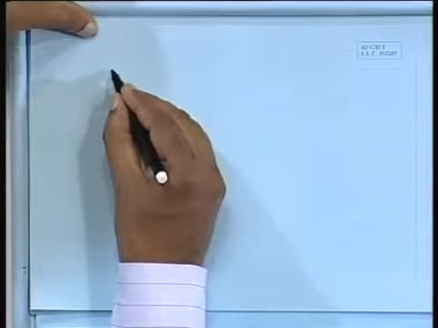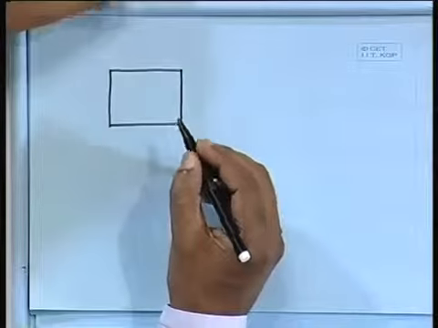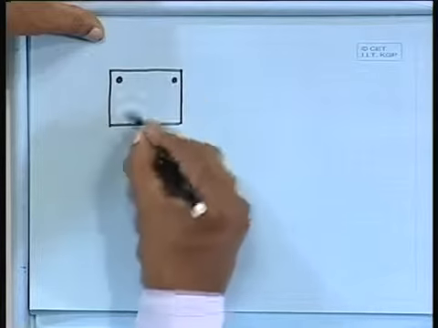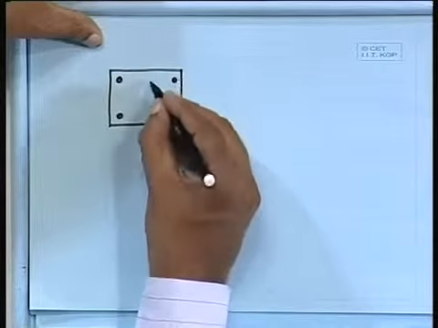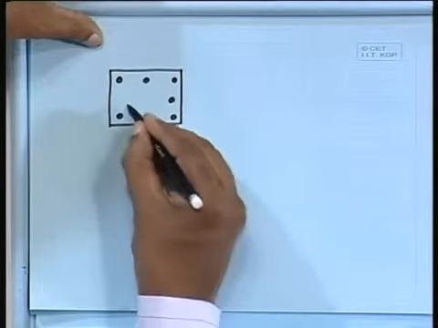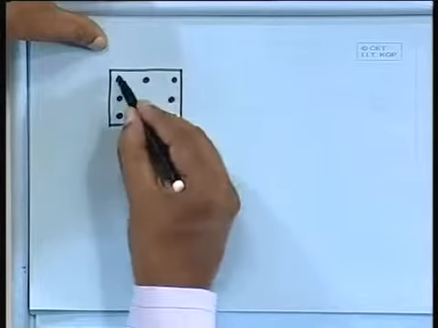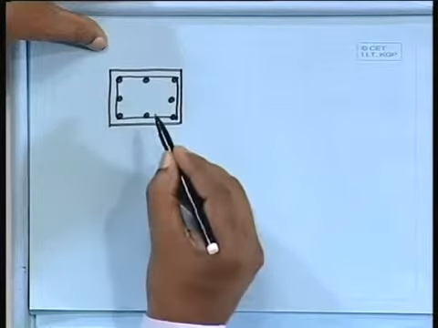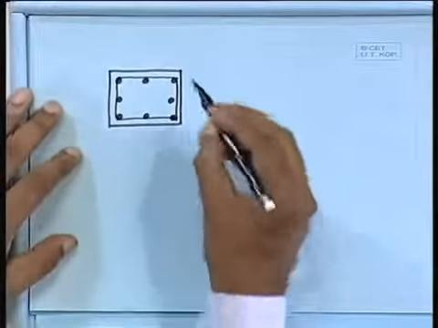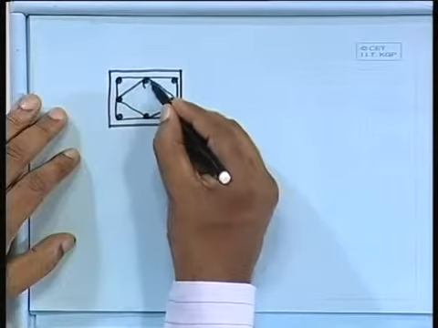Finally, we have to provide a cross section like this, and we have provided 8 bars in 8 corners. Since it is axially loaded, we can provide on all 4 sides, and we can provide the tie here. We shall also provide a tie for the inner one, not only for the outer one.